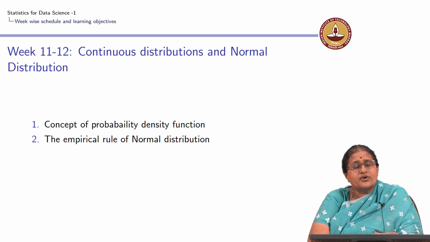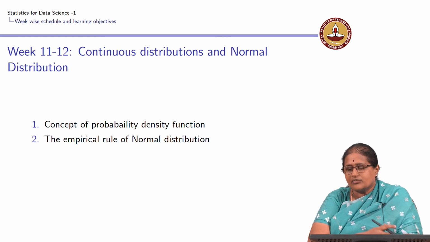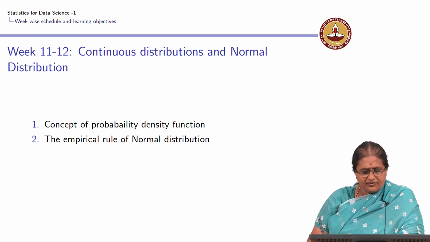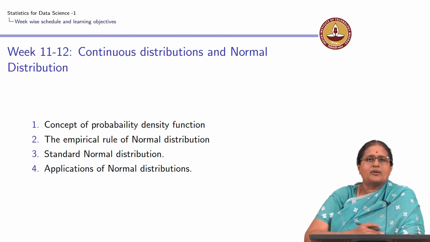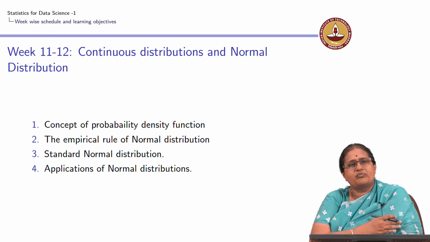We are going to focus predominantly on a very important distribution that arises again and again in our study of statistics, which we refer to as the normal distribution. We will focus on what is called the empirical rule of the normal distribution, and again the focus is going to be on applications of the normal distribution. So, this has been the roadmap from week 1 to week 12.